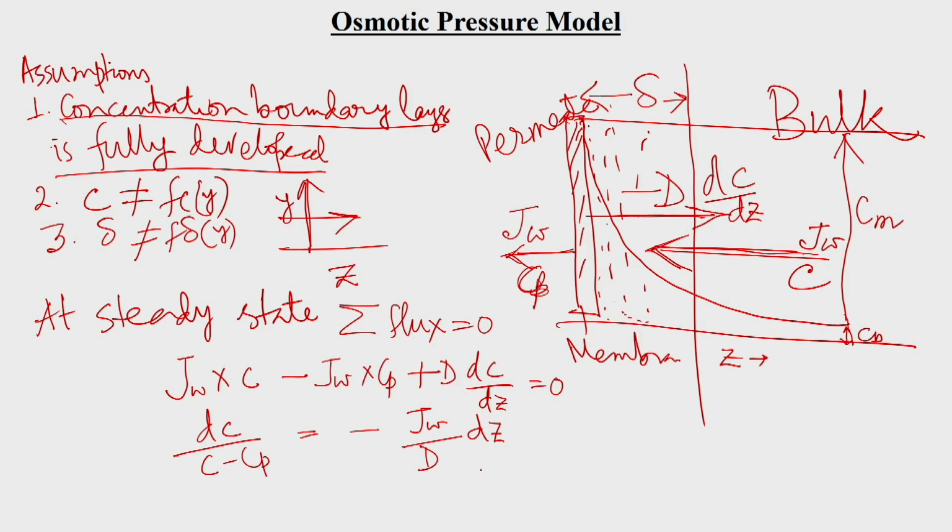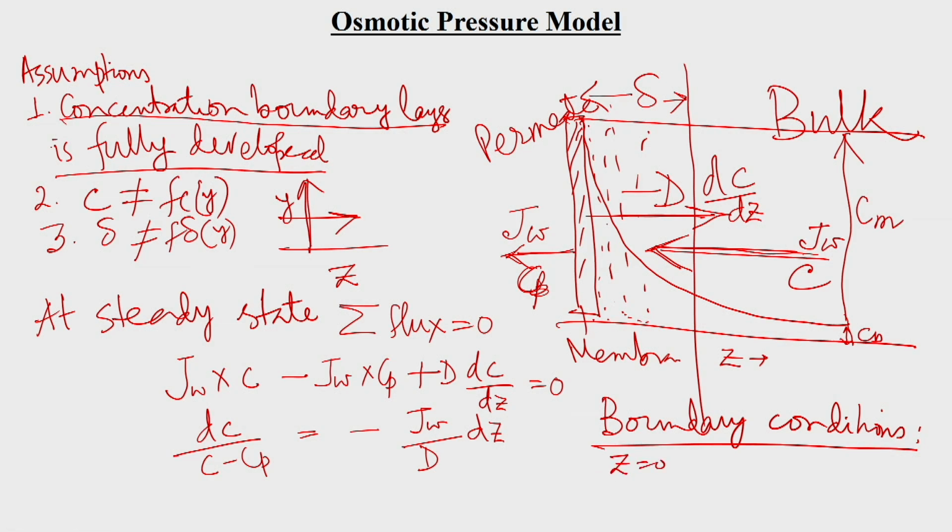Now, if we take the boundary conditions for this type of membrane operation, suppose z is equal to 0. Here, at z equal to 0, C will be Cm, which means the membrane surface concentration. And when this is fully developed, at z equal to delta, C will be the bulk concentration.